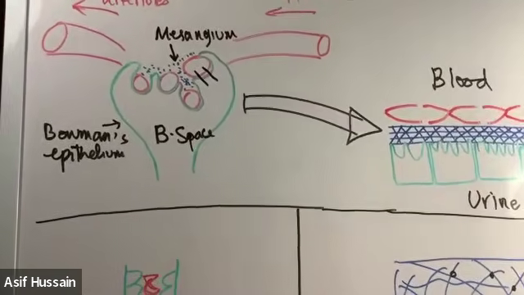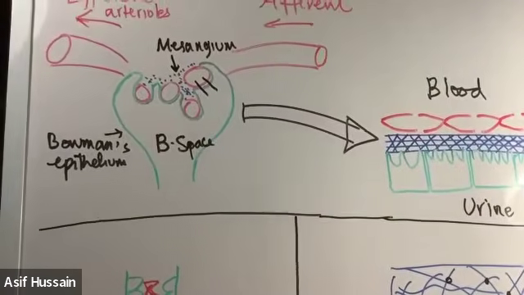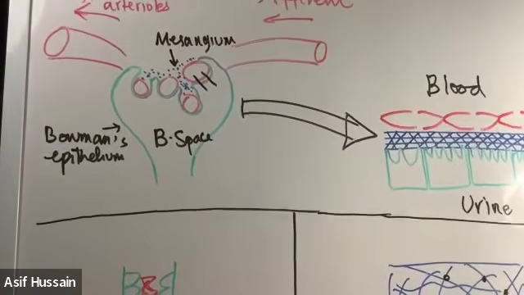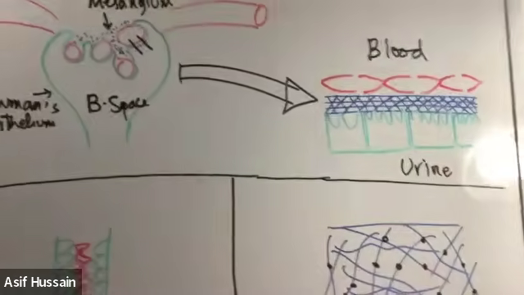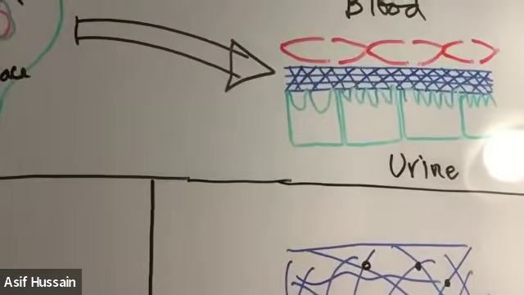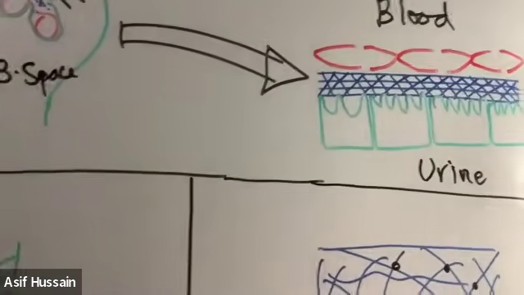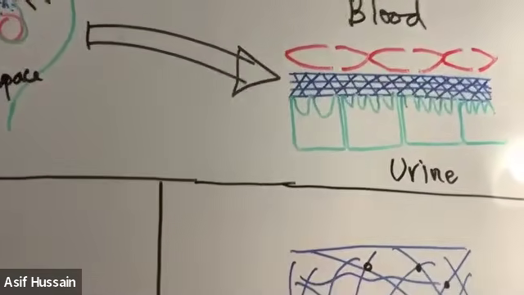And the Bowman space then continues as the proximal tubule. So the barrier between the blood in the capillaries and the Bowman space consists of three layers, and that is called the glomerular filtration barrier, or glomerular filter.